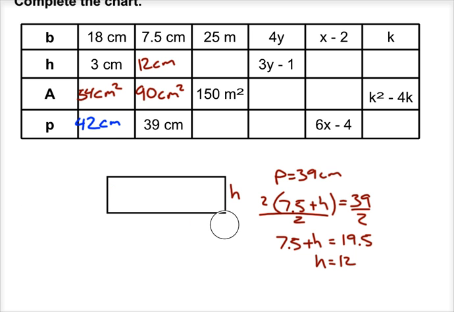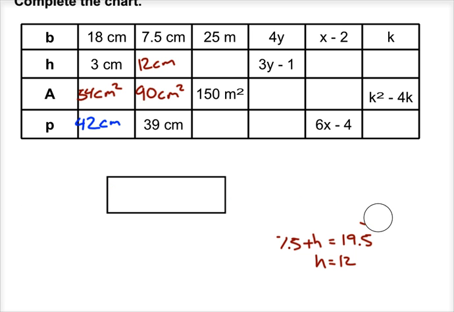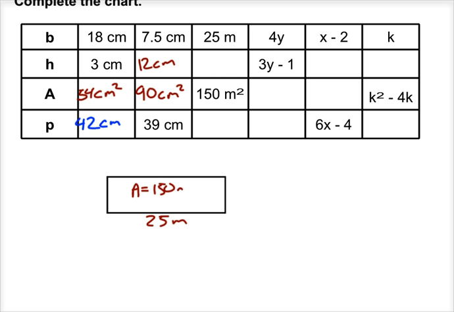Looking over at the next one, they're giving me that the base is 25, so I'll fill that in right away. That the area is 150 meters squared. And I know that base times height, 25 times I don't know the height, will equal 150.